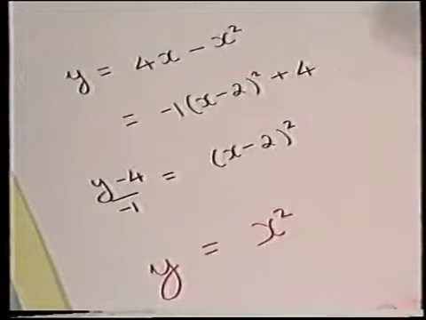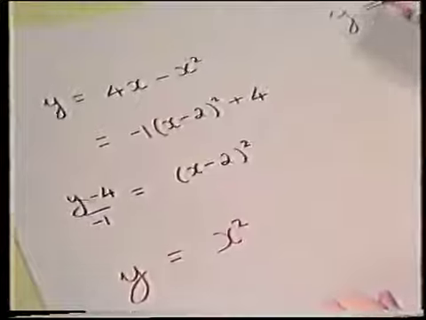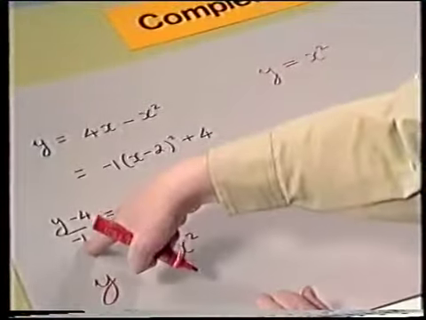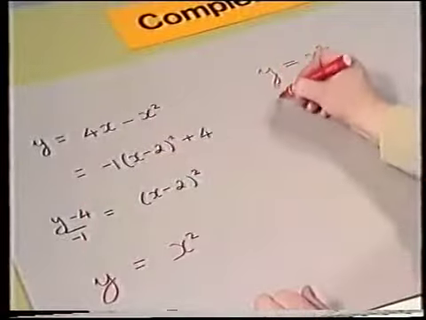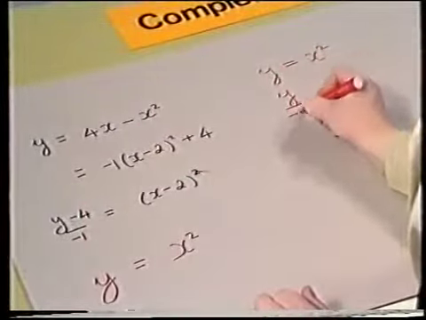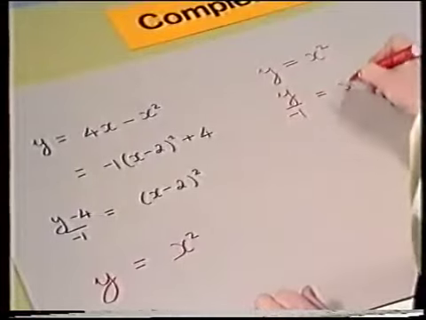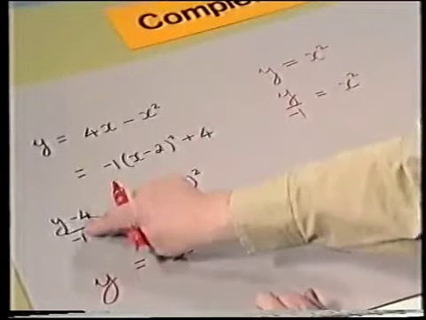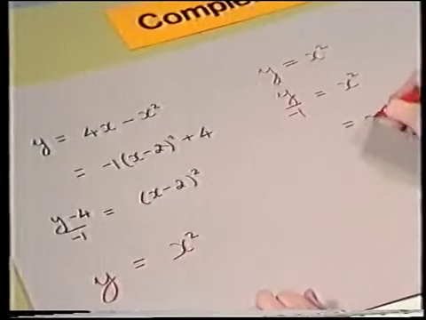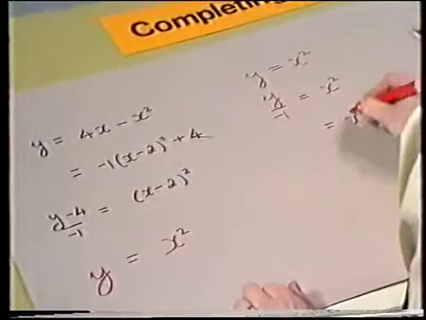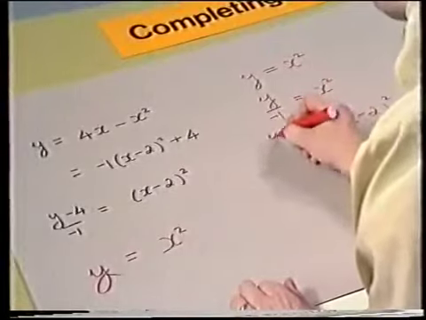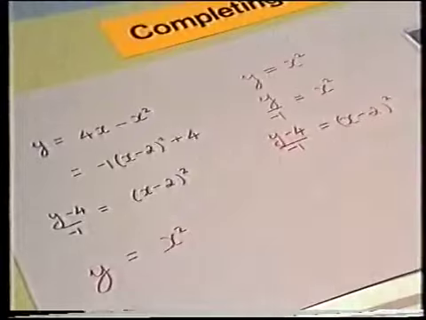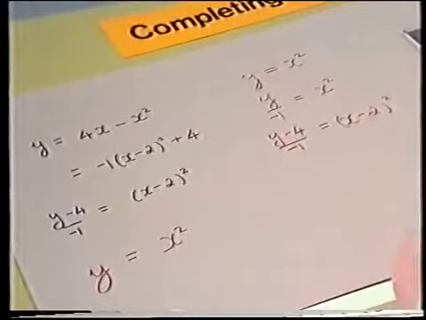It tells me that if I start off with y equals x squared, and then scale by minus 1 in y, and translate to the point (2, 4), then I end up with precisely the function I was looking for.